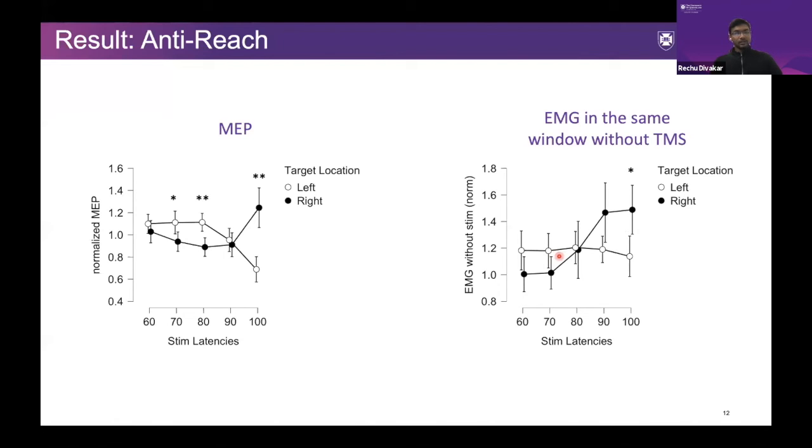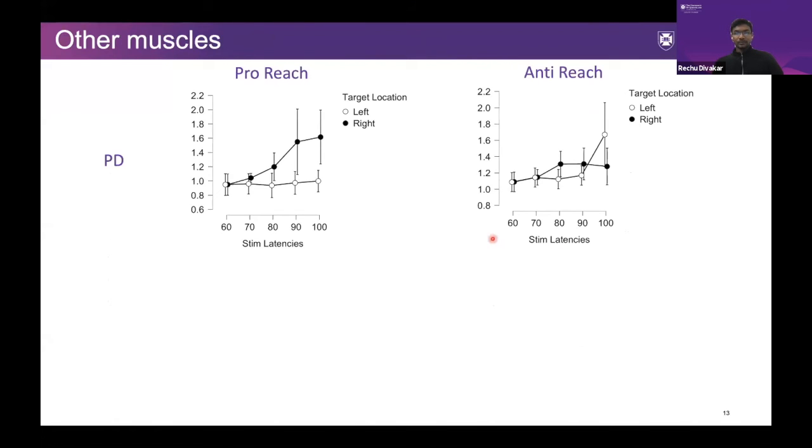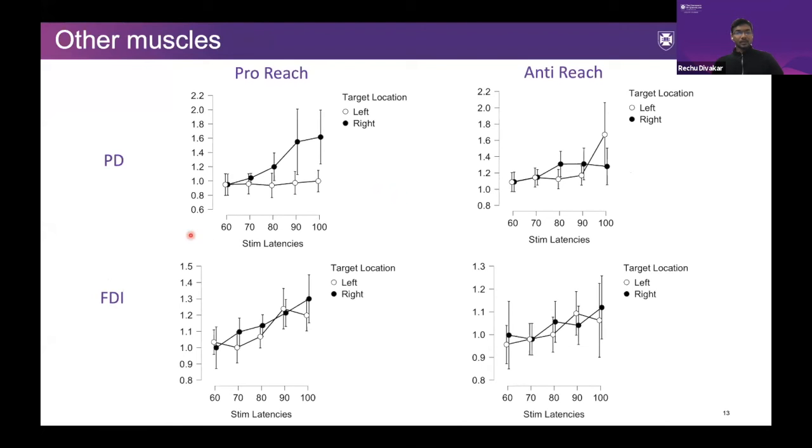Now, if you look at results from other muscles, for example, posterior deltoid, which is the antagonist of pec muscle in this task, it shows an almost exact opposite trend to the pec results. While if you look at a functionally irrelevant muscle like the FTI, we see that there is no visual stimulus-induced bias in excitability.